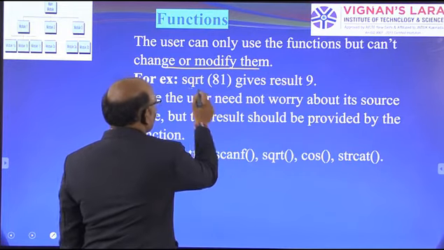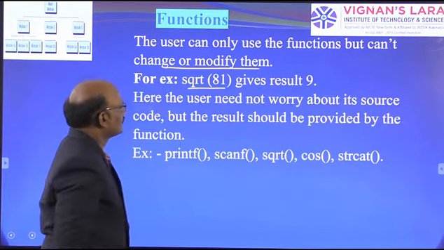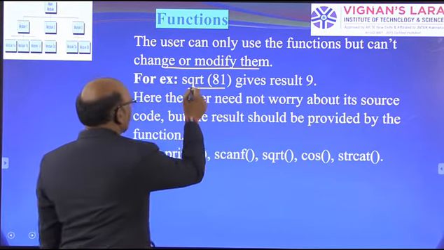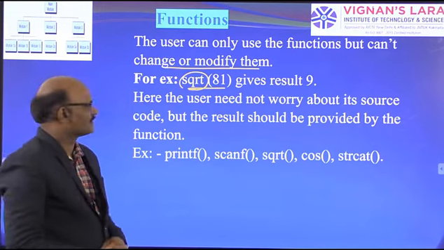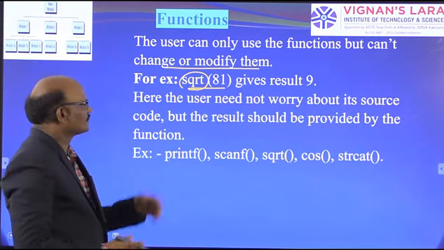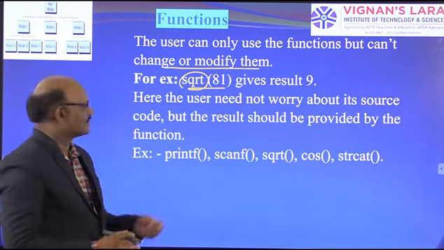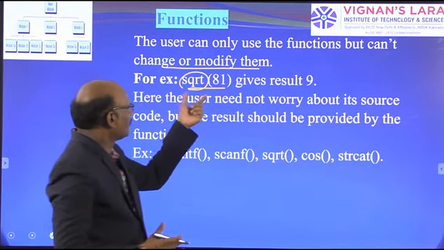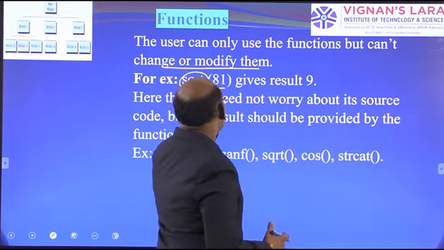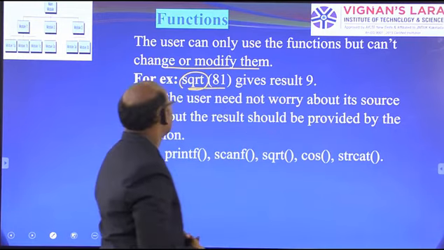For example, square root of 81. Square root, sqrt, is a library function. There is no need to write the code for that. You can just use that function to perform the operation. Square root of 81 gives you the result 9.